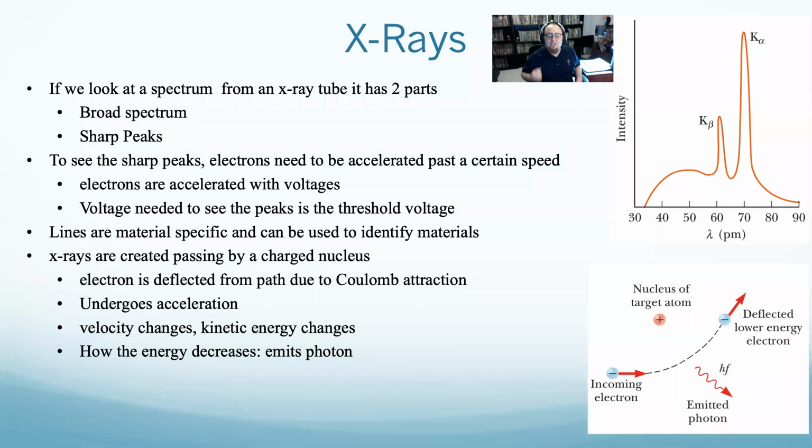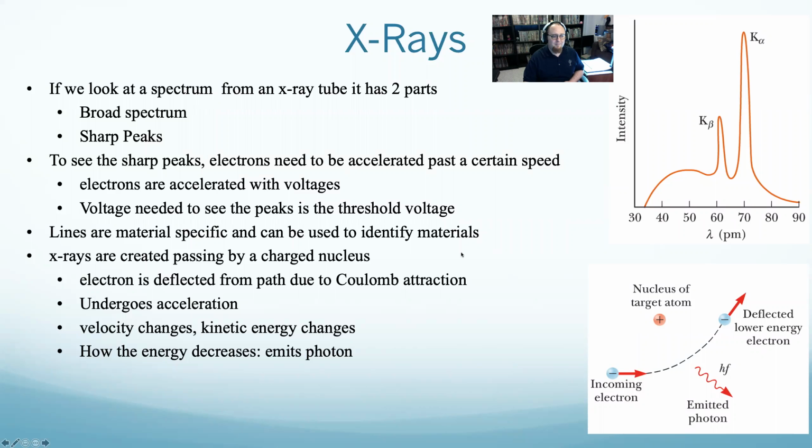A change in kinetic energy means a change in energy, and energy must be conserved. And so a photon is emitted to work out conservation of energy. Because we deflect these electrons, we reduce their energy, and the reduced energy is manifested in the form of a photon, with a photon of energy hf.